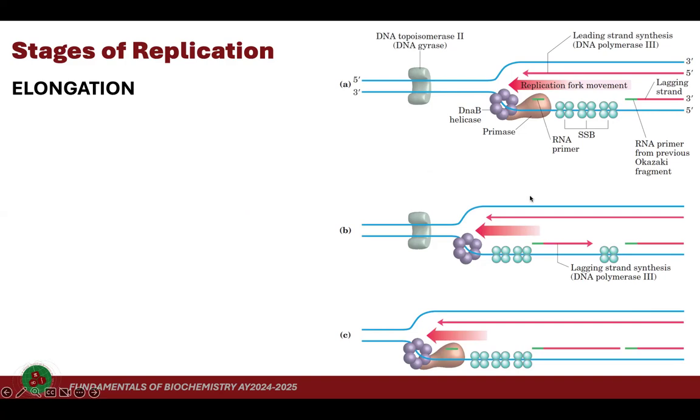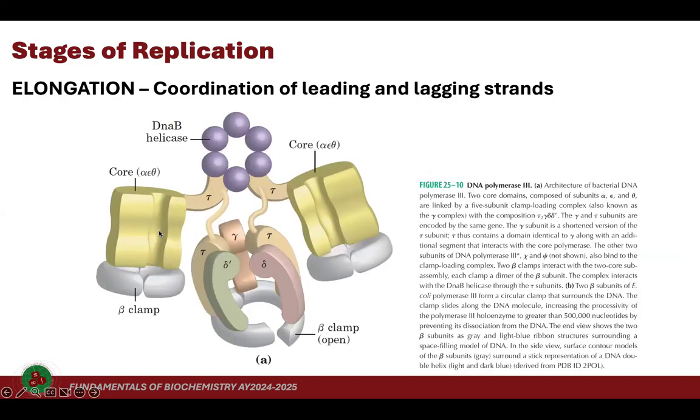So keep in mind that the synthesis of the two new strands from the two template strands must happen at the same time or almost at the same time. And this is where the architecture of your DNA polymerase comes into play. So, again, it's the beauty of the shape, the structure of your proteins, enzymes in this case, that is fascinating in biochemistry. Okay.